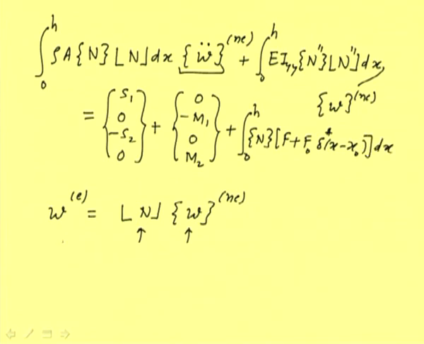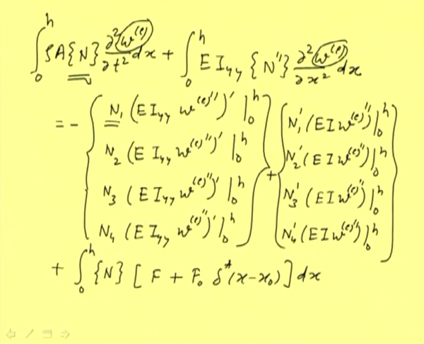Regarding the shear force, S1 is given as EIyy w e double prime whole single prime at x is equal to 0, because at x is equal to h, N1 was 0, so that term will not contribute in the first term. This is coming from the previous expression here.